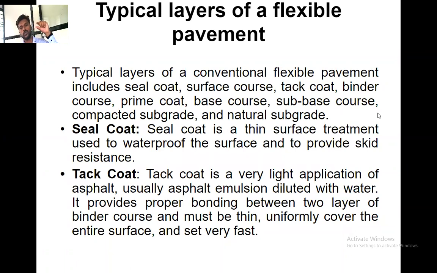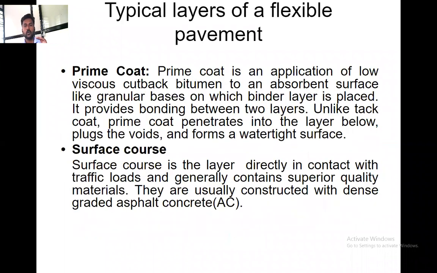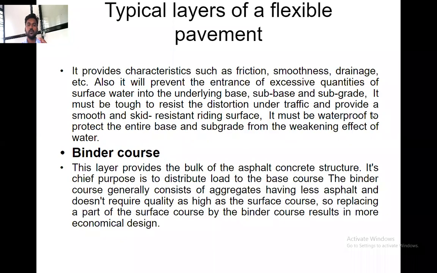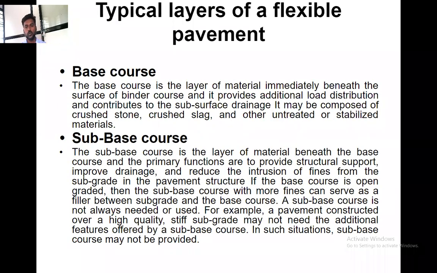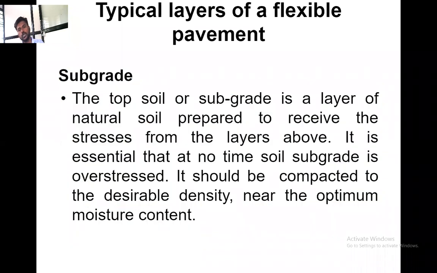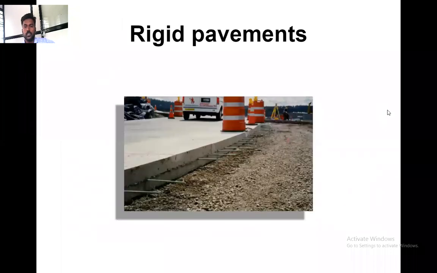Above the surface dressing there will be the seal coat. Below that there will be the tack coat, and below that the prime coat. So these three coats we can provide. Then the different layers: the surface course, below that binder course, base course, sub base course, and the subgrade.